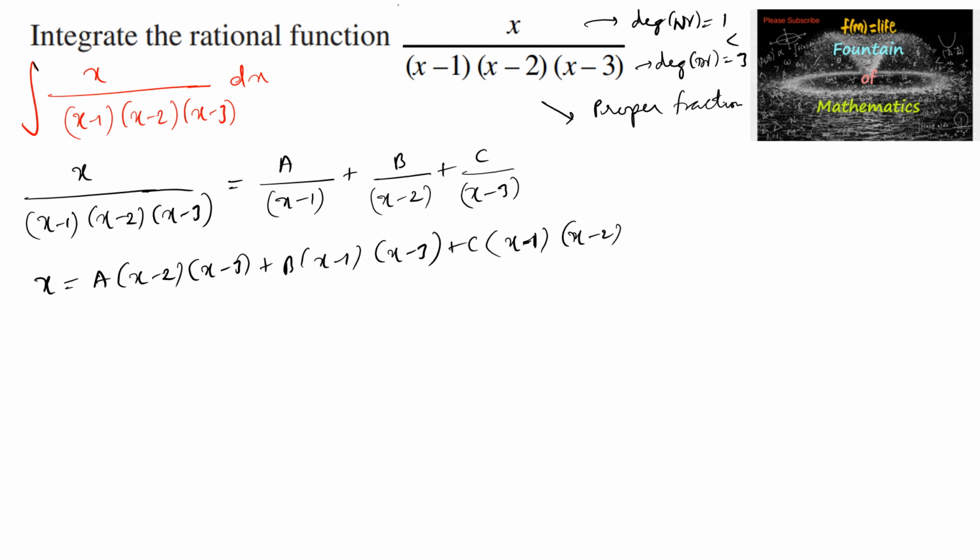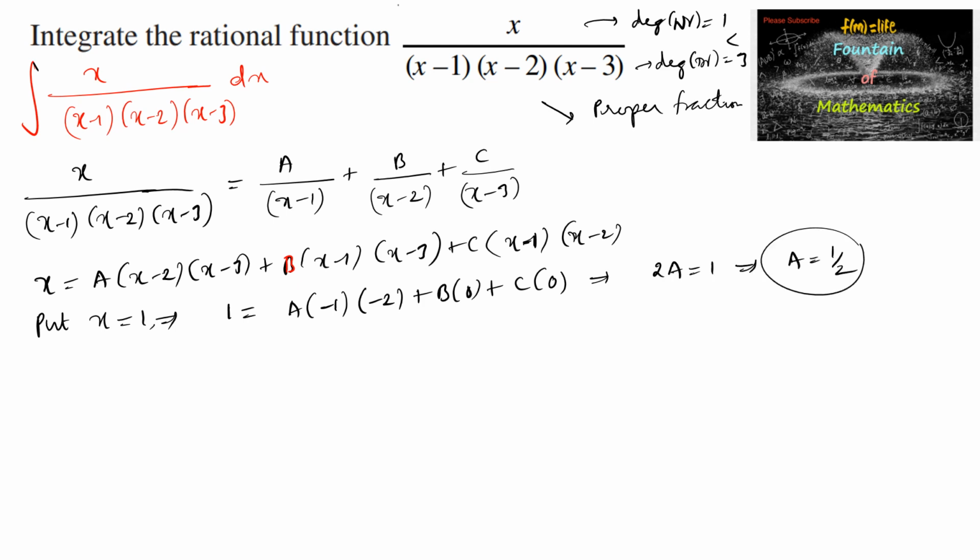Now to get the constants a, b and c, let us substitute or put x is equal to 1, which implies 1 is equal to a times of 1 minus 2 minus 1, 1 minus 3 minus 2 plus b times of 1 minus 1, 0 and c times of 1 minus 1, 0. So which implies 2a is equal to 1, that is a is equal to 1 by 2.